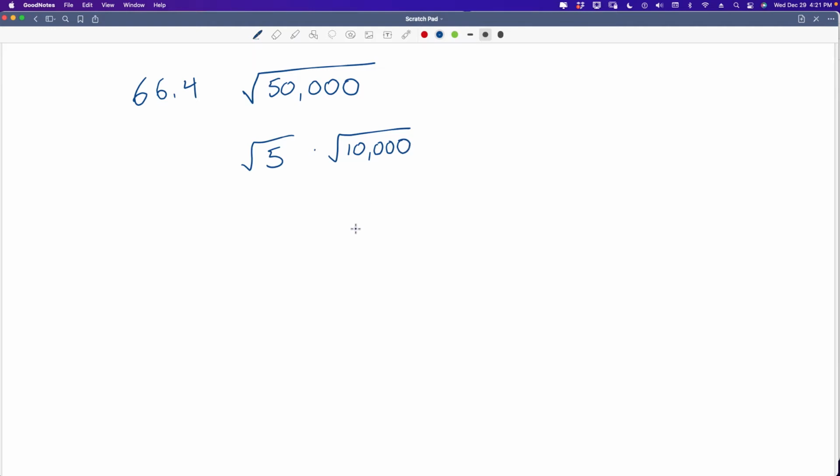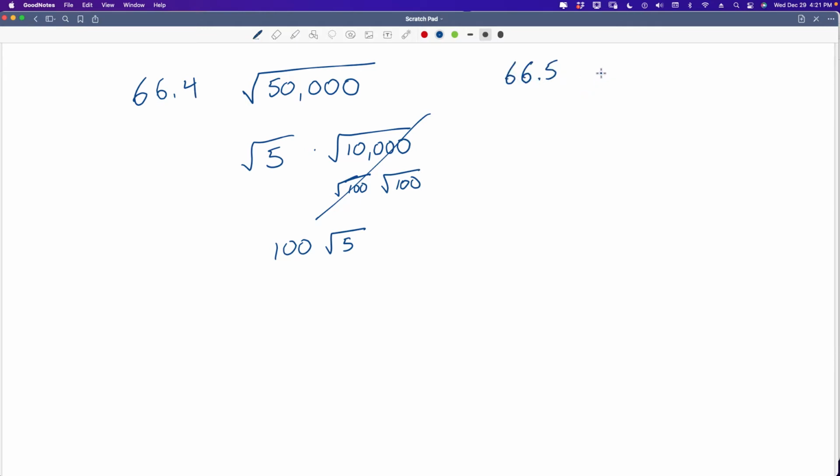We know those 4 zeros are going to be 100 times 100, right? Because the square root of 100 times the square root of 100 gives us 10,000. So this becomes 100 times the square root of 5. Easy peasy.